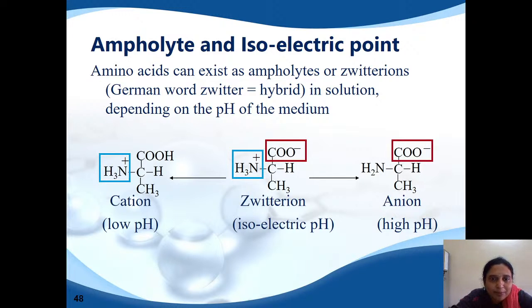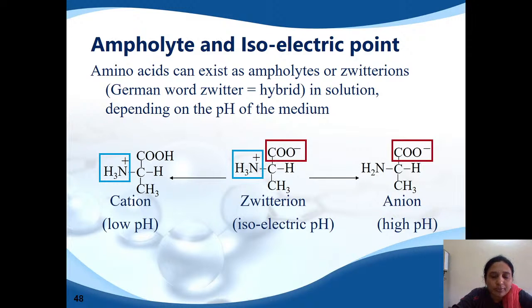At isoelectric pH they exist as a Zwitter ion. Under low pH they exist as cations, under high pH, alkaline or basic conditions, they exist as anions.